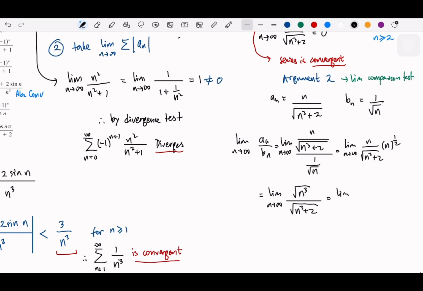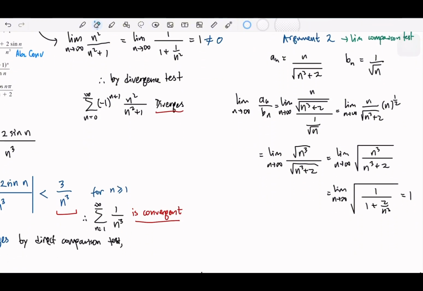We could write this as a big square root of n cubed over n cubed plus 2, and we could definitely see that this is going to equal 1.